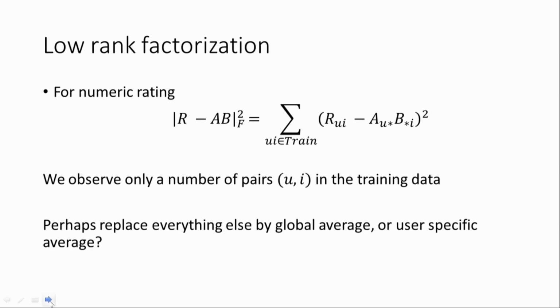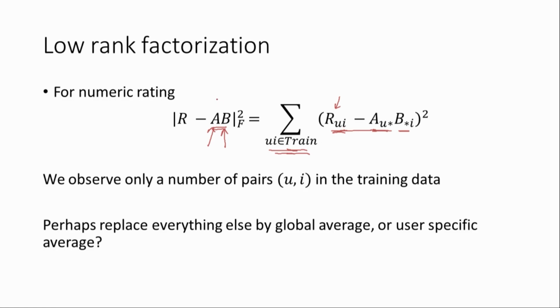So here is the problem, very broadly stated. We want to come up with a representation of the users and a representation of the movies. And we have a bunch of training pairs. These are the ratings that have been given to us, and we want to say that the rating of a movie depends on the dot product between the user's representation and the movie's representation, and the rating that the user has actually given, R_UI.